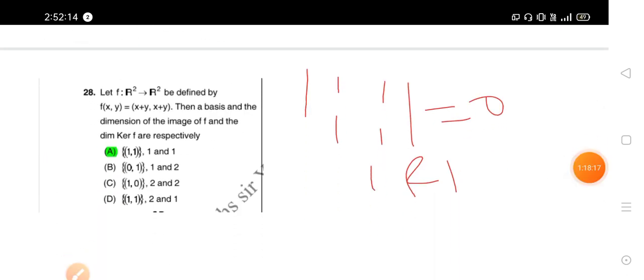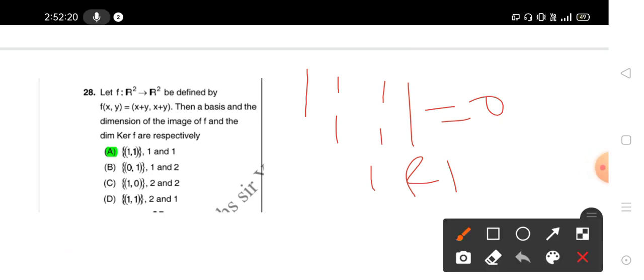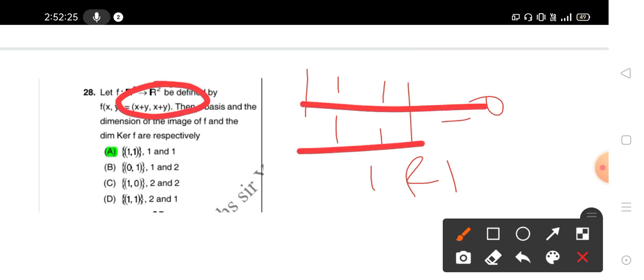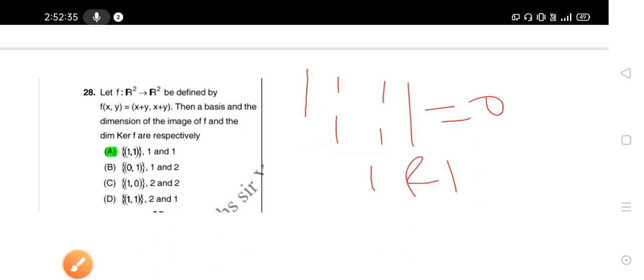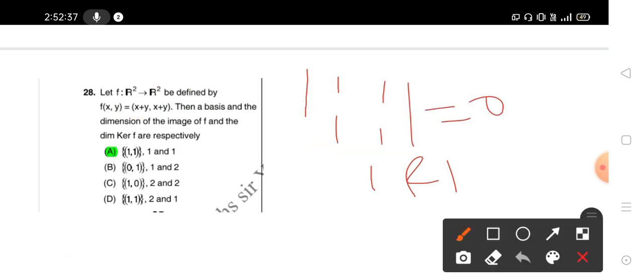Next question. Let f from R2 to R2 be defined by f of (x, y) equal to (x plus y, x plus y), that is written as the matrix with rows 1 1 and 1 1. Then find the basis and the dimension of the image of f and the dimension of the kernel of f respectively. Find its rank.